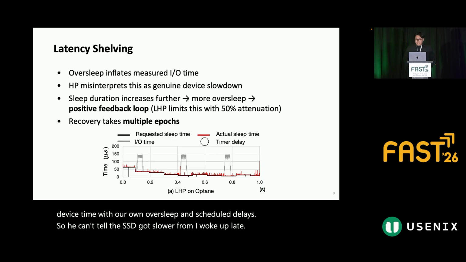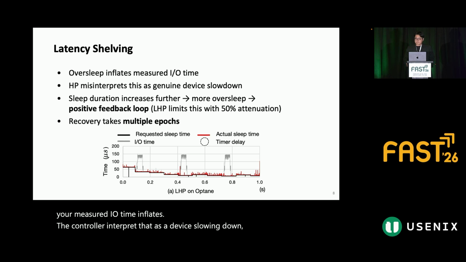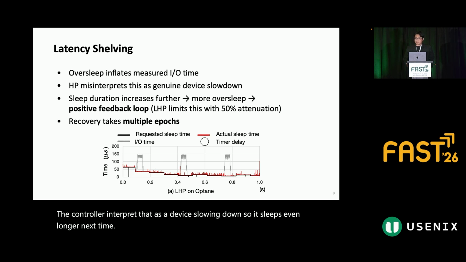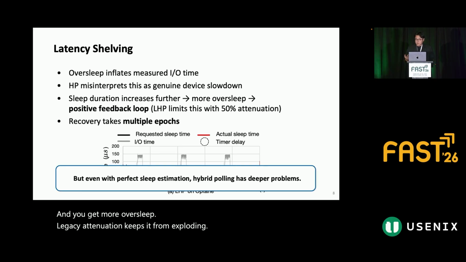That turns into a positive feedback failure mode. If you oversleep, your measured I/O time inflates. The controller interprets that as the device slowing down, so it sleeps even longer next time, and you get more oversleep. The legacy attenuation keeps it from exploding, but it takes multiple epochs before sleep comes back down.